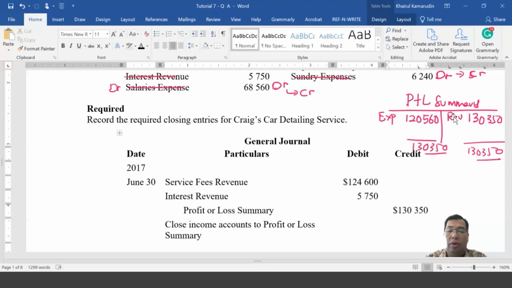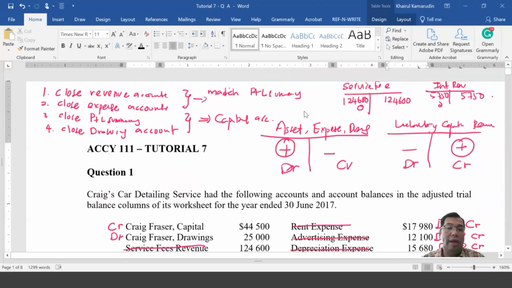That gives you 9,790. So we are done with our first step and second step. Okay, we should move to the third step.